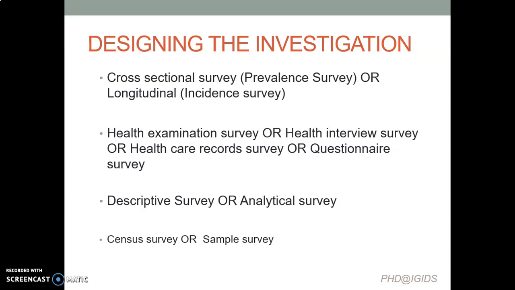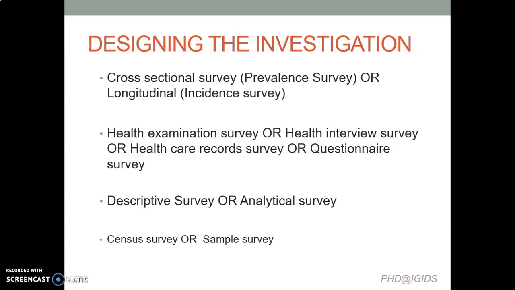The only 2 possibilities are either you go directly, examine the 12-year-old children, and find out how many of them have caries, or else if they have a school health record where caries is recorded every year in the medical checkup conducted annually, you can take a record. But that is a very rare possibility. The best of these four methods is to go personally to these schools, go to this 12-year-old population, and examine how many of them have dental caries.